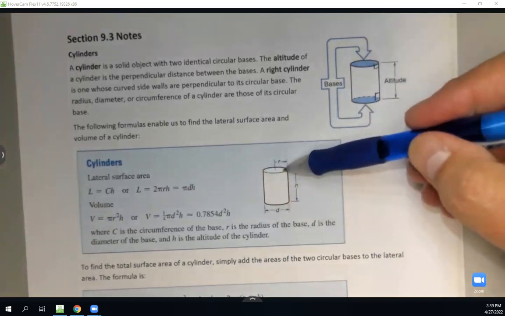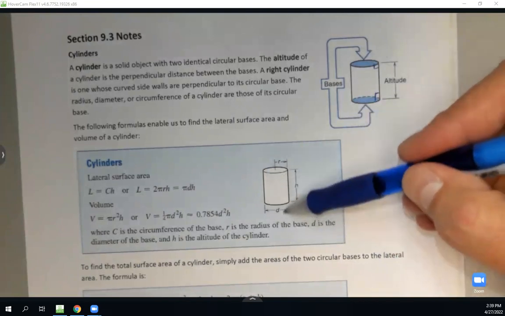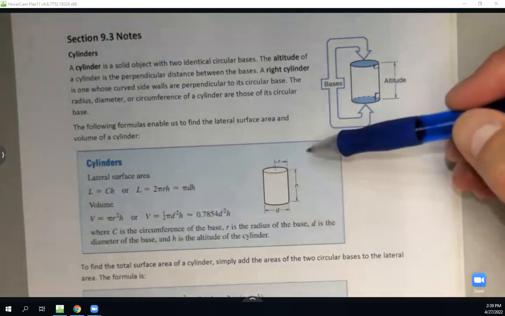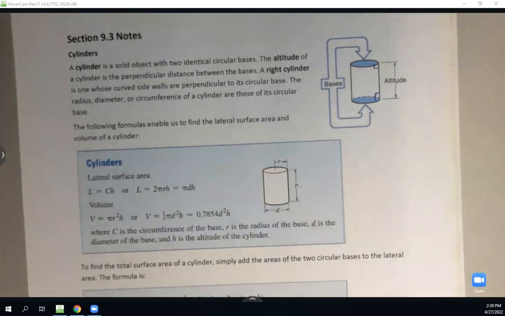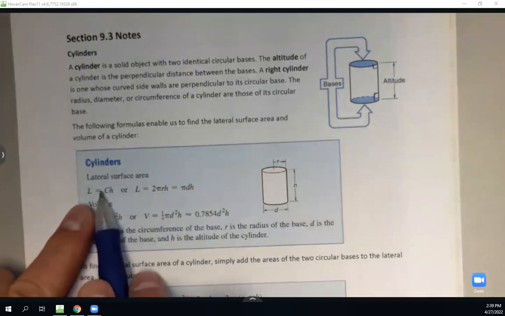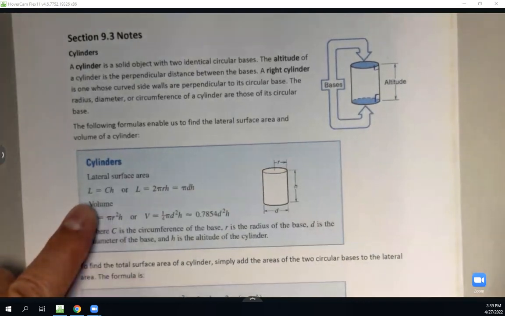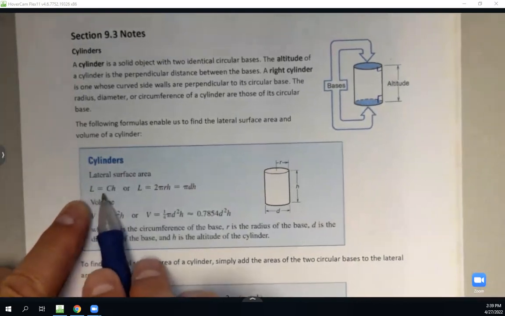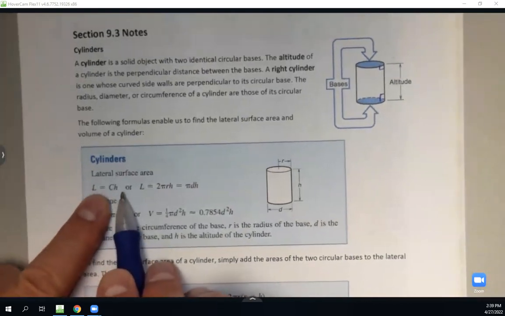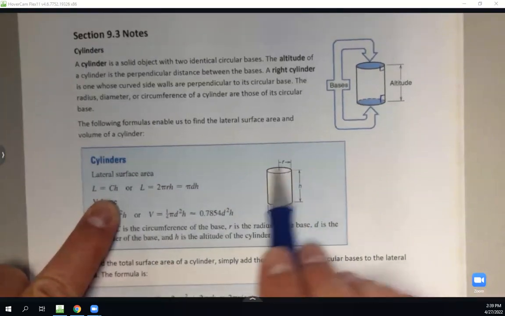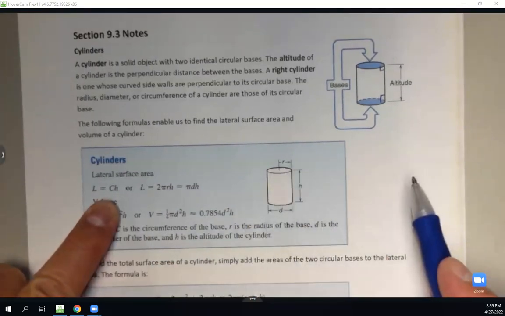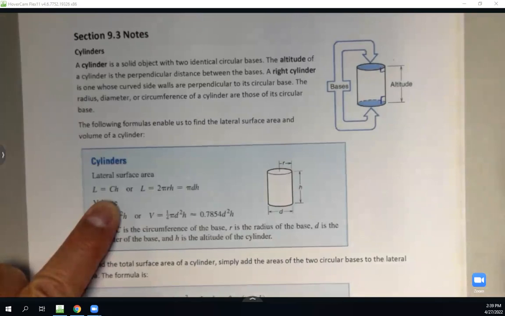Now, if we were to cut that apart and flatten it, that would really be a rectangular shape. So to cut to the chase, how did we do it for prisms? The lateral surface area was the perimeter times the height, right? Well, if it's circular, we don't really have a perimeter, we have a circumference.